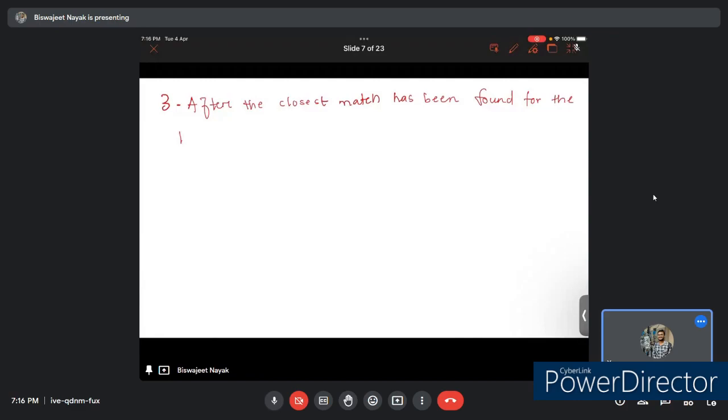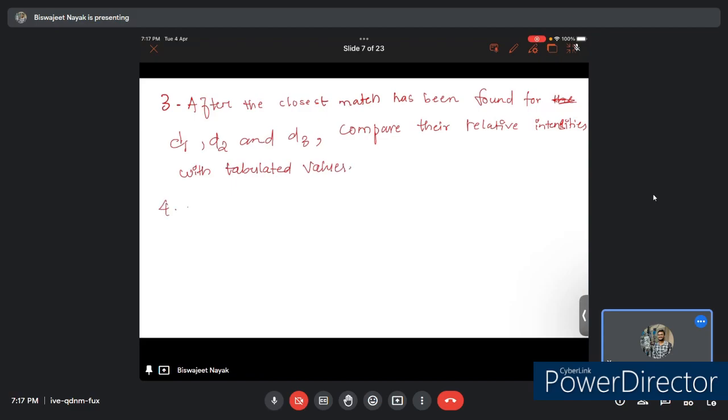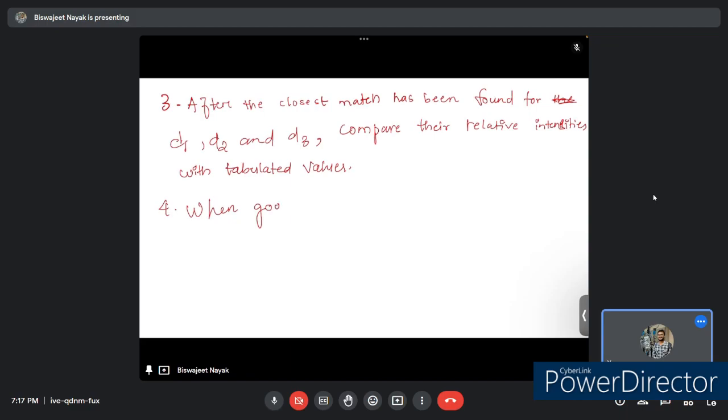Then after the closest match is found for D1, D2 and D3, the relative intensities are compared with tabulated values.